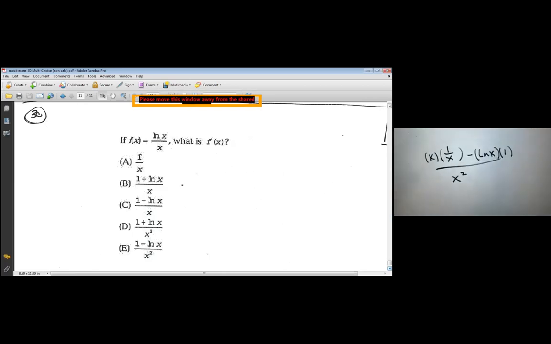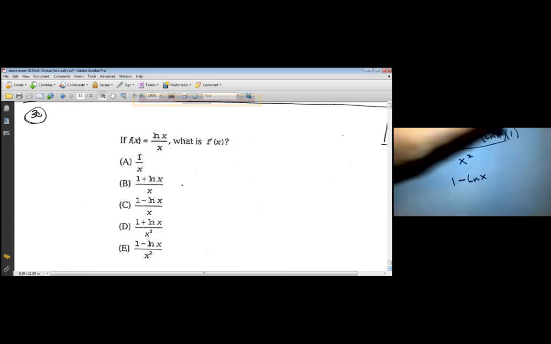Okay, so it's multiple choice. Even though this is correct, we keep going. x times 1 over x is just 1. That's 1 minus natural log x over x squared. 1 minus natural log x over x squared is choice E.